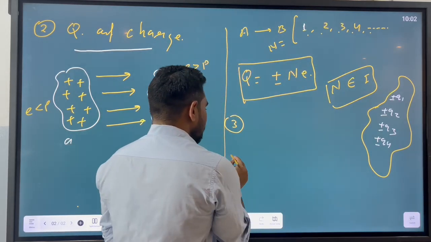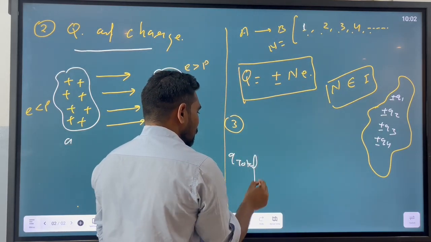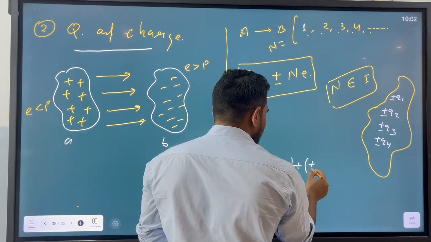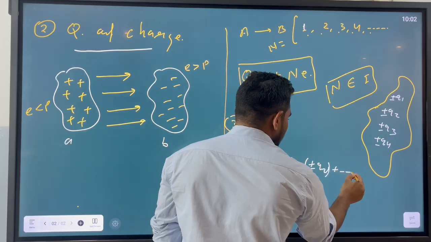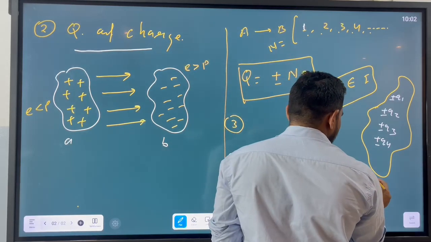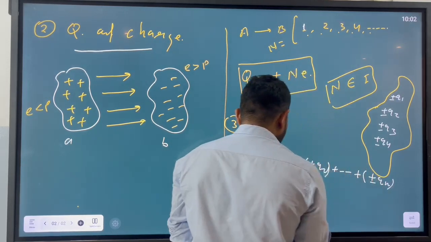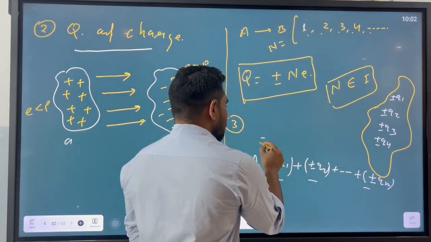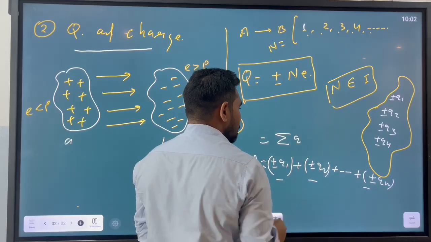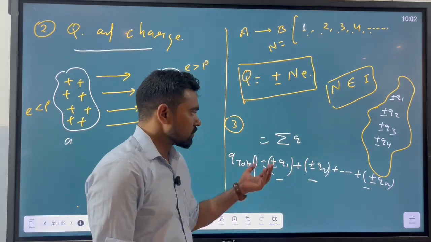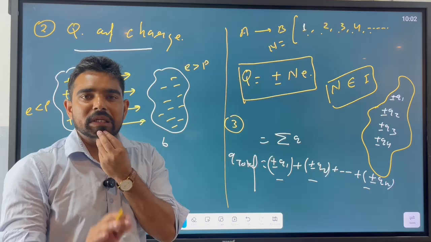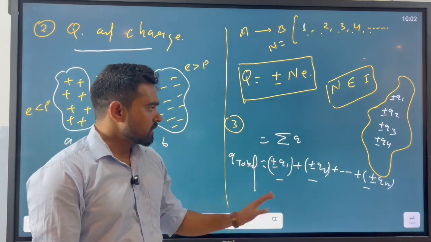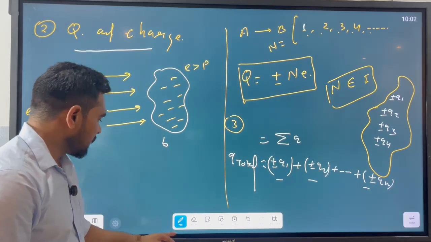Then the total charge of the system equals plus or minus Q1 plus or minus Q2 and similarly up to plus or minus Qn. The total charge of the system is the sum of all the distributed charges. This is a basic property of electric charge.